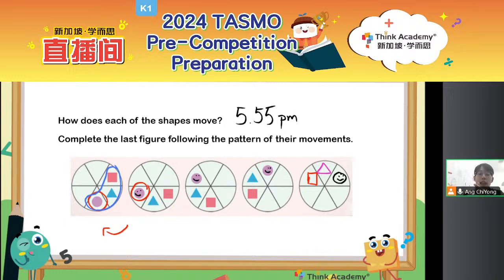Again, you need to look at the direction. Focus on only one object first, and then you can find the rest of the shapes a lot easier. So I hope you guys got that. Good job, Crystal. You got it really fast. And that's about it.